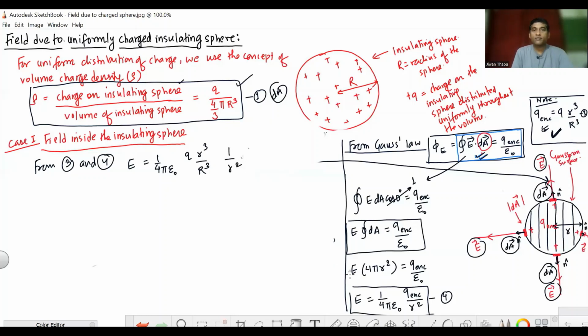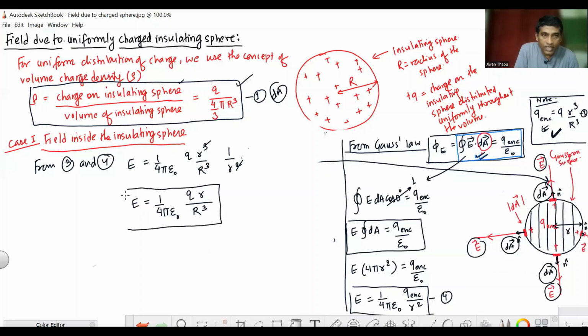Let us simplify it further. So we get electric field E equals 1 by 4 pi epsilon 0 Q, and we have small r divided by capital R power 3.